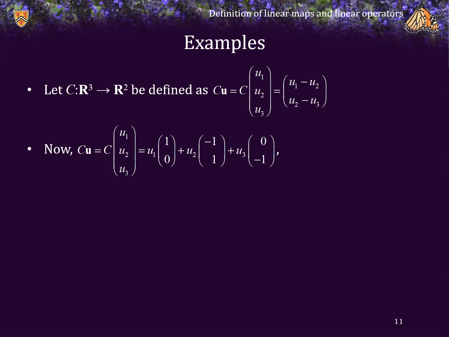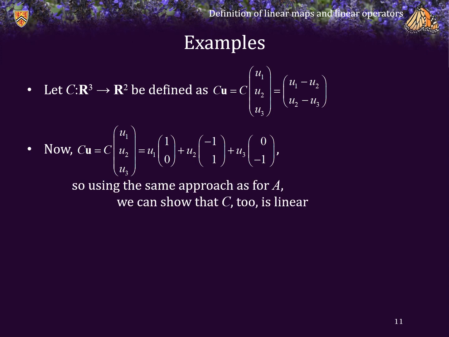Well, looking closely at this, we see that C is just u1 times the vector 1, 0, plus u2 times the vector negative 1, 1, plus u3 times the vector 0, negative 1. Using the same approach we saw 2 slides ago for A, we can also use this approach to show that C, too, is linear.